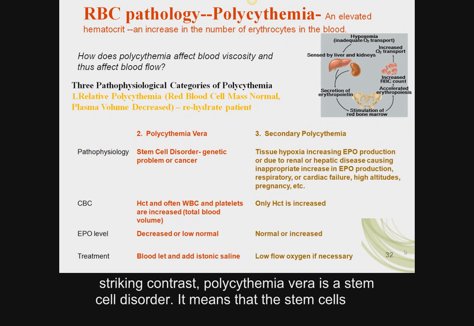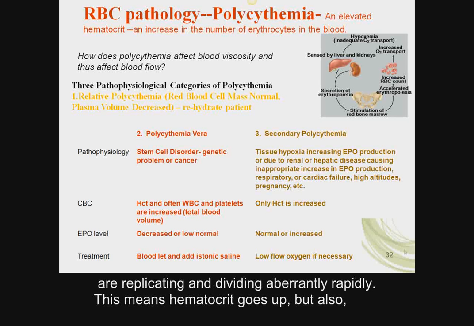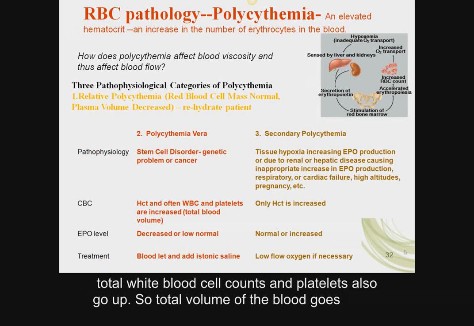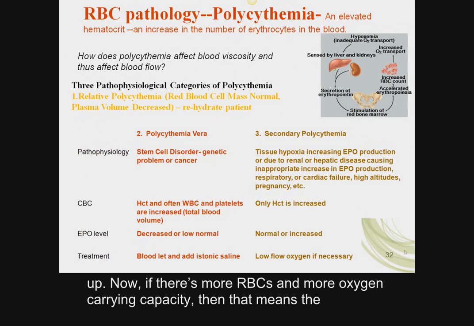In striking contrast, polycythemia vera is a stem cell disorder. It means that the stem cells are replicating and dividing aberrantly rapidly. This means hematocrit goes up, but also total white blood cell count and platelet count goes up as well. So total volume of the blood goes up.